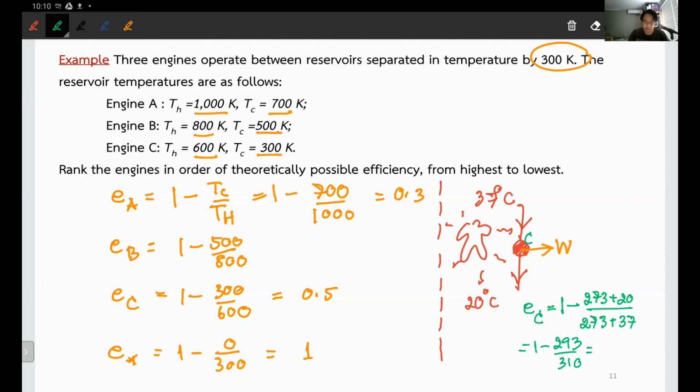There you go. So this number turns out to be 0.055, let's say. So turn into a percent, it's going to be 5.5% approximately. So that means if you want to get the best out of this temperature difference, the efficiency will be only 5% maximum, 5.5. That's your upper limit.